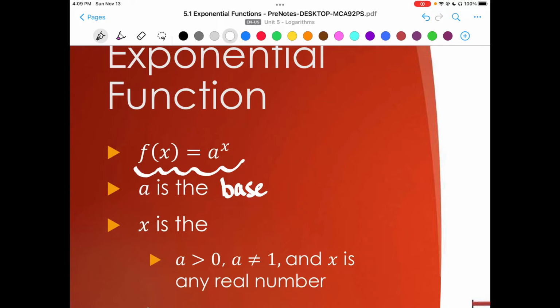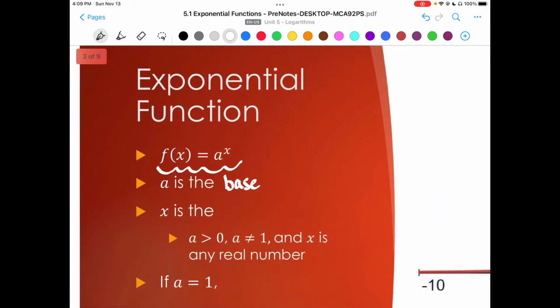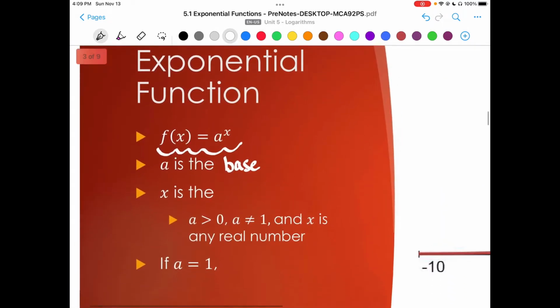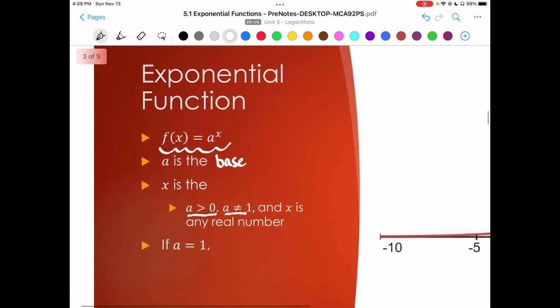It's just a mathematical constant. It really can be any number we want it to be, as long as it is greater than 0. So a is greater than 0, and a cannot be 1. If a is 1, we'll look at that in just a second. But x is our exponent.